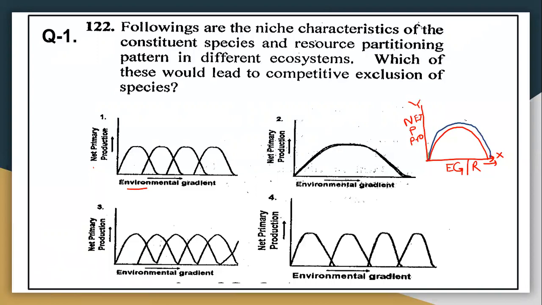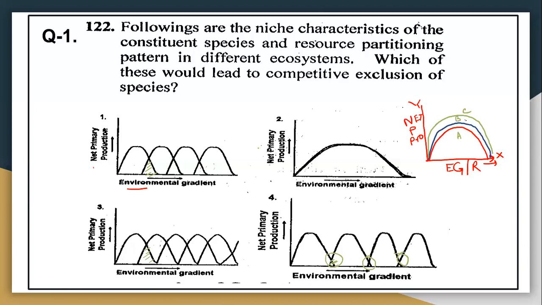So if they have maximum overlap between them, A, B, and C, the maximum chance of competitive exclusion. Here you can see that the overlap is less between the species. Here also max overlap is less, and here also less overlap is there.